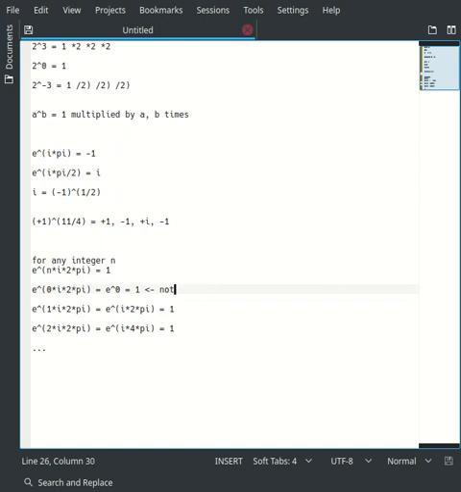This one's different. So 1 to the 11/4 just equals 1. So this is actually different. This is a positive 1. It is distinguished.